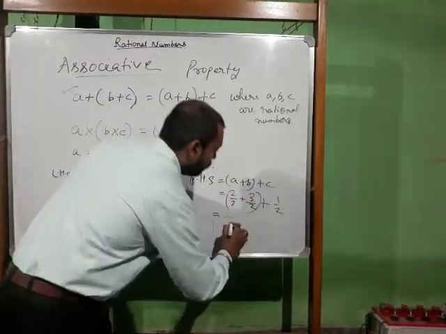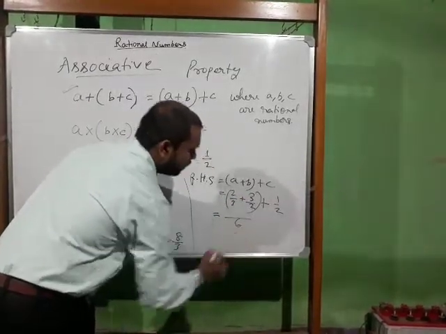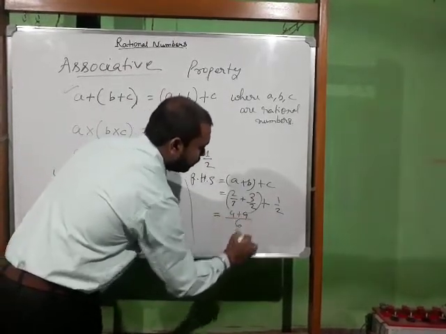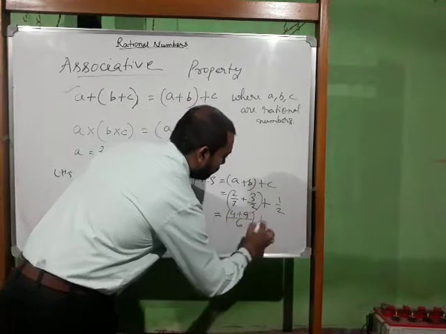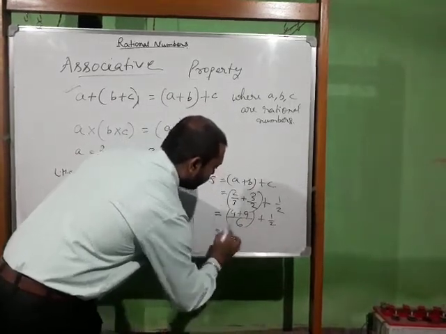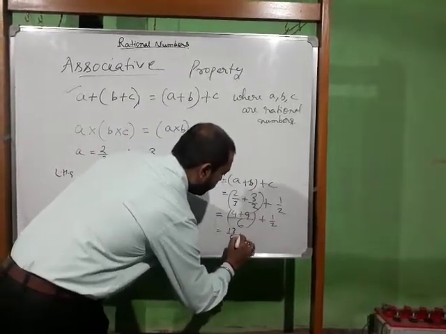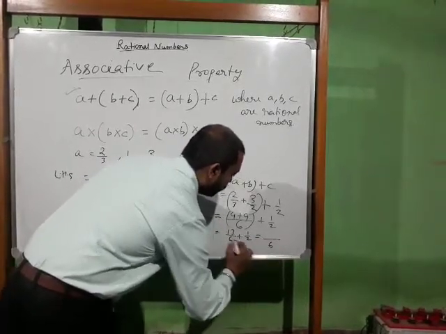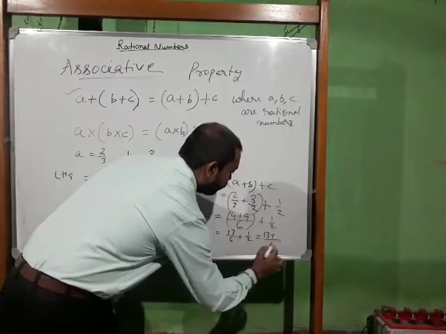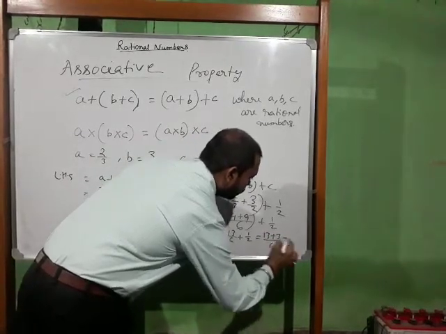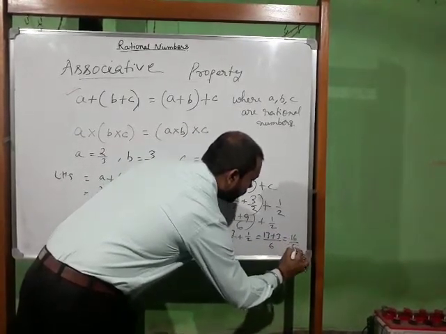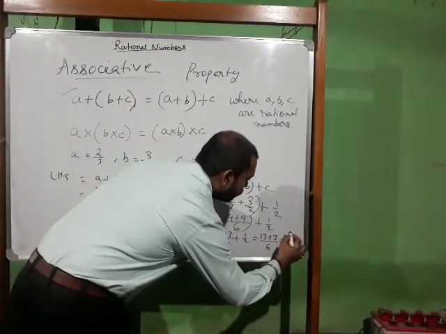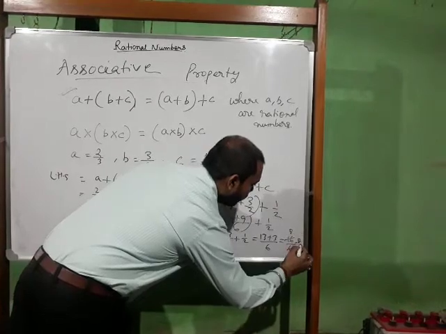So 3 and 2, LCM is 6, so 9 plus 4, 13 by 6, plus half, again 6 and 2, LCM is 6, so it will be 13 plus 3, 16 by 6. Now reduce it, so it is 8 by 3.